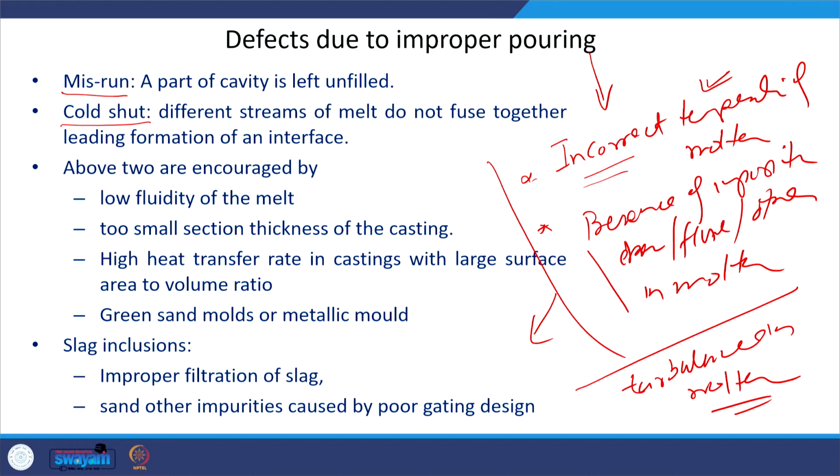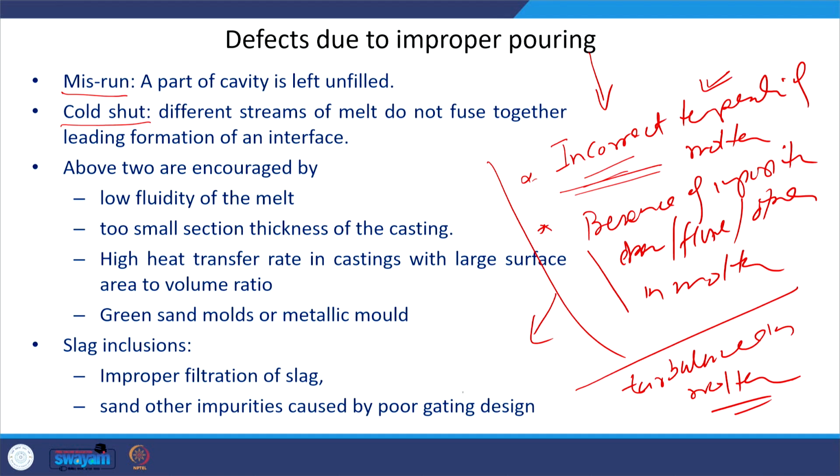Say die casting, the metallic mold, or in sand mold casting a very high percentage of moisture. These are the two aspects which will cause a very high cooling rate and lead to misrun or cold shut kind of defects. That works in the same way as the low temperature of the molten metal.